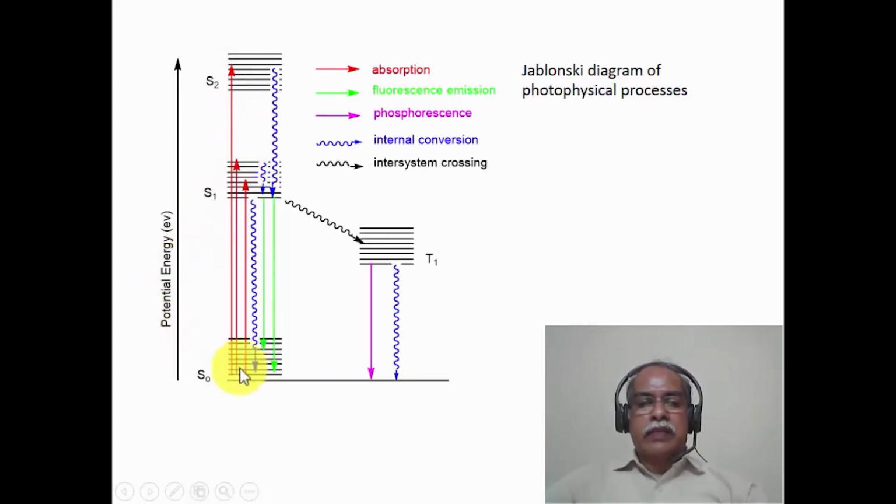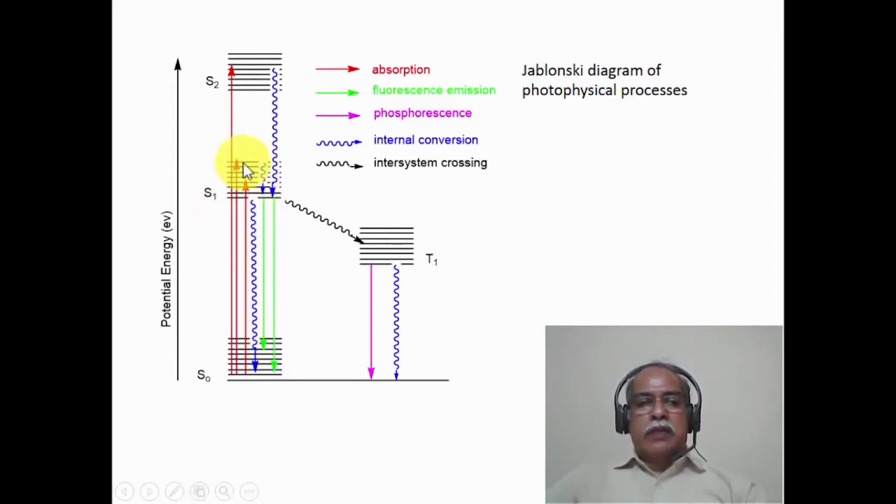Now any excitation to the S2 level will result in immediate deactivation by a non-radiative pathway, which is an internal conversion, resulting in the formation of the first excited state, the S1 state. So the S2 state rapidly decays back to the S1 state, and the other photophysical events take place from the S1 level.